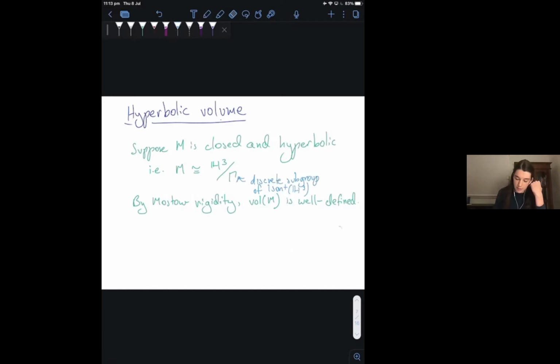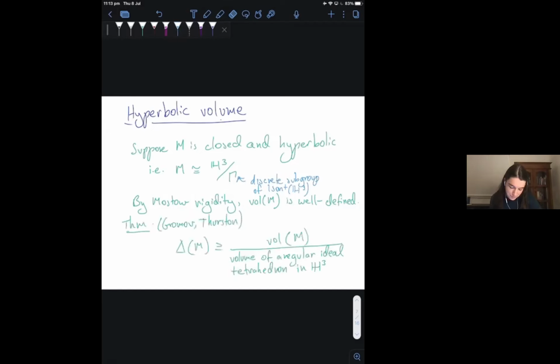And by some work of Gromov and Thurston, this hyperbolic volume is really measuring how big our three manifold is. And we've got our triangulation complexity that also maybe measures how big our three manifold is. So we do get an inequality, which is really nice. By Gromov and Thurston, if you look at the volume and then at the biggest possible geometric tetrahedra in hyperbolic three space, those are going to be the regular tetrahedra that go all the way up to the boundary.